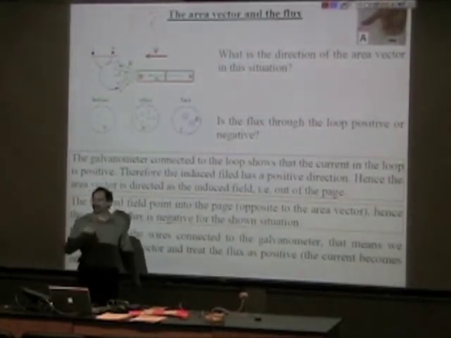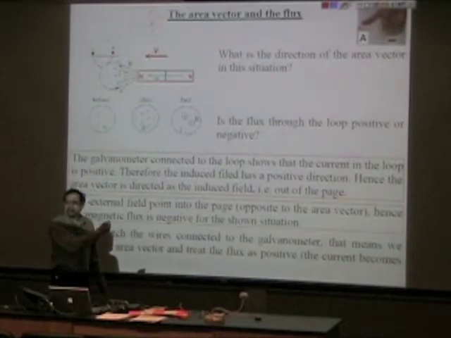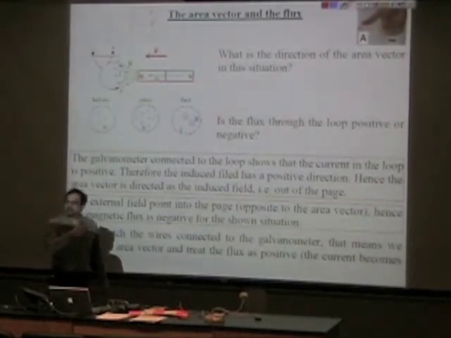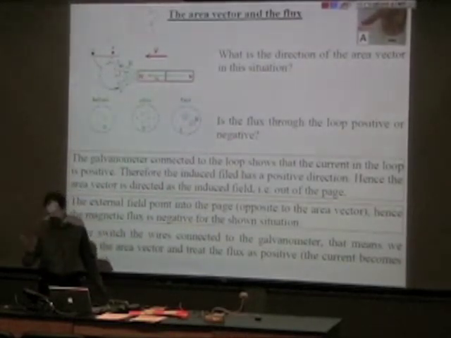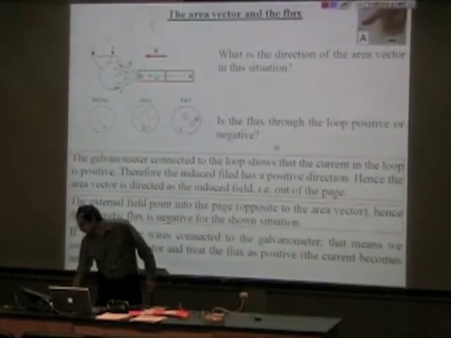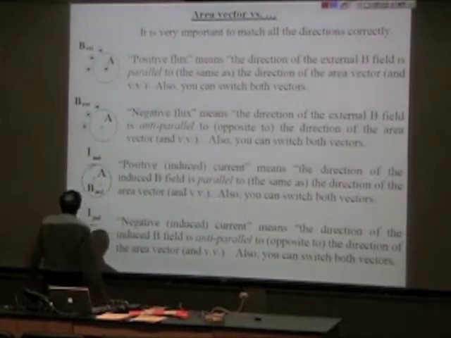And for our galvanometer connected like that with this particular choice, the flux into the screen is supposed to be negative. The flux out of the screen is supposed to be positive. The induced field into the screen is supposed to be negative. The induced field out of the screen is supposed to be positive, relative to our choice of the area vector. And again, only 4 choices we might have.